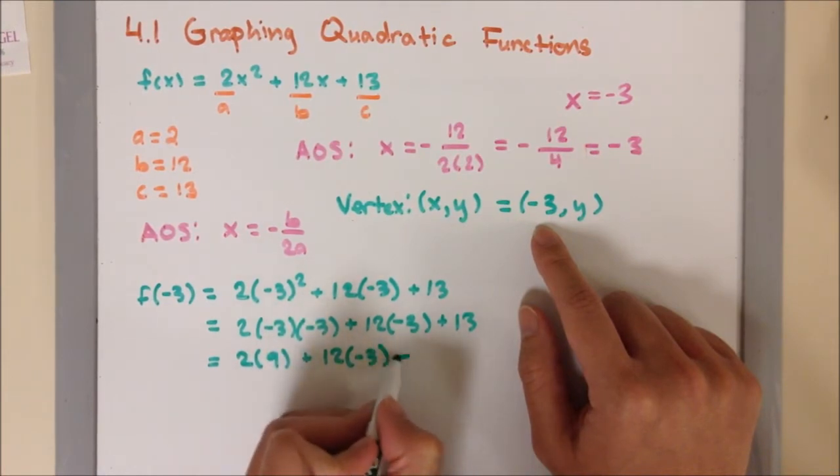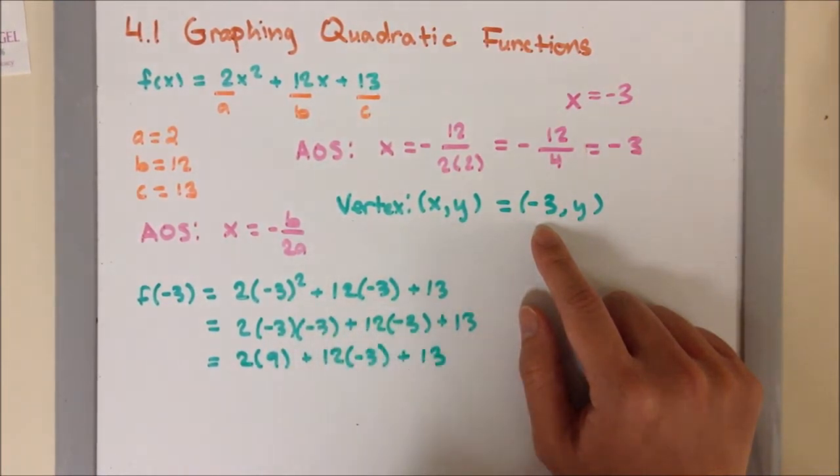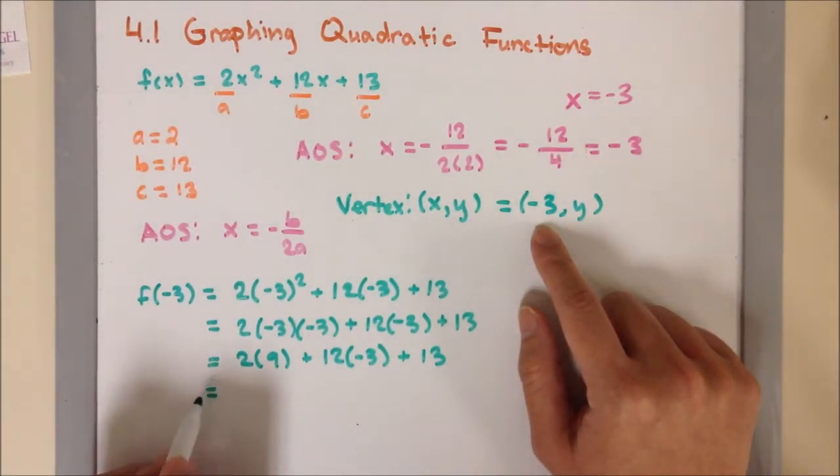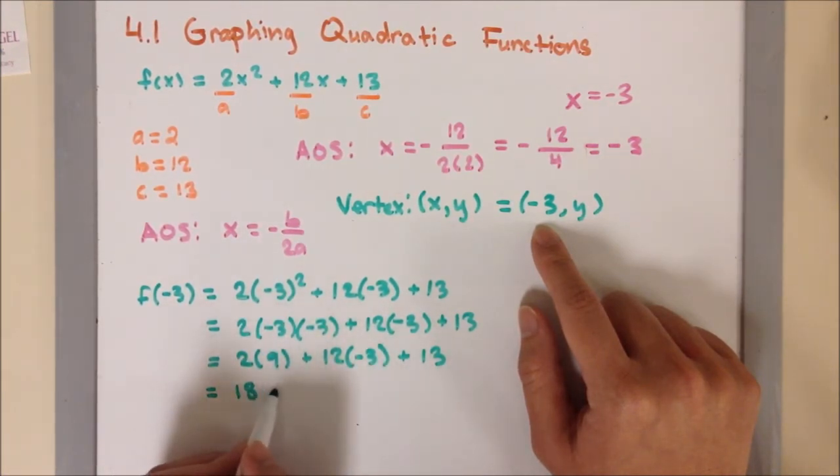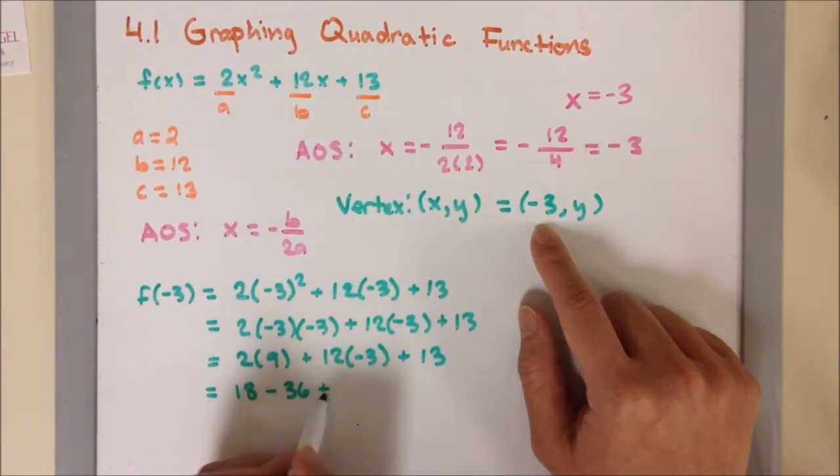And everything else will stay the same. So, I'm going to multiply all the numbers. So 2 times positive 9 will be positive 18. Positive 12 times negative 3 will be minus 36 plus 13.